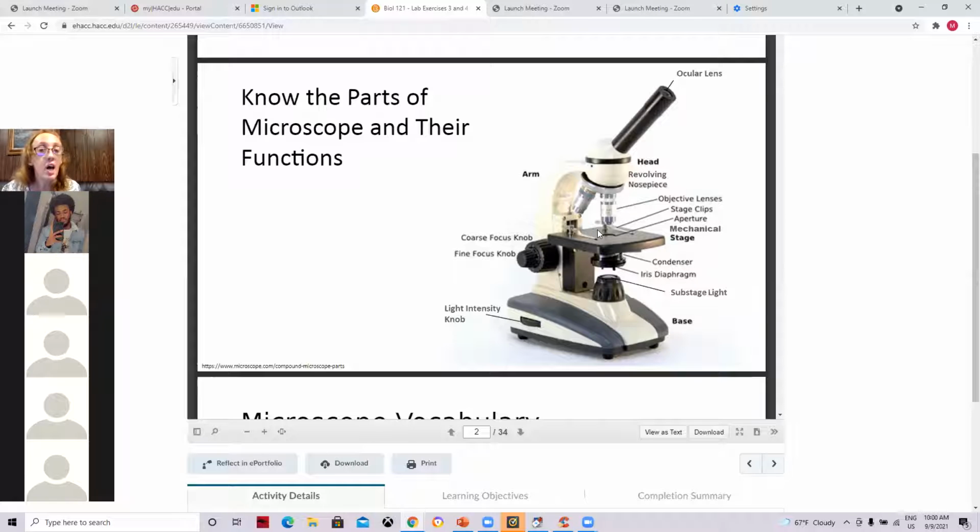You could potentially drive your objective lens through your slide. And so you only use the coarse focus knob when you're using the lowest power or the scanning objective.